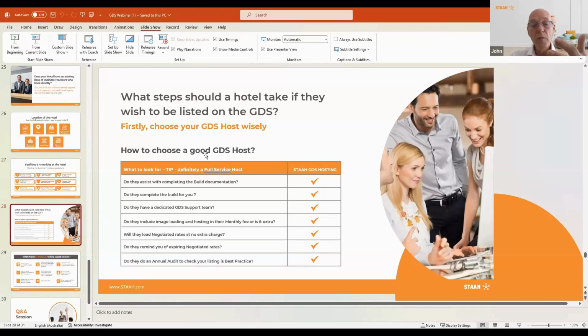It's preloaded with their preferred airlines, hotels, etc., and the traveller can make their own booking, which then travels back to the GDS. So it's a genuine GDS booking back via that travel agent, and they want to be able to see the images of the hotels in which they may want to stay.